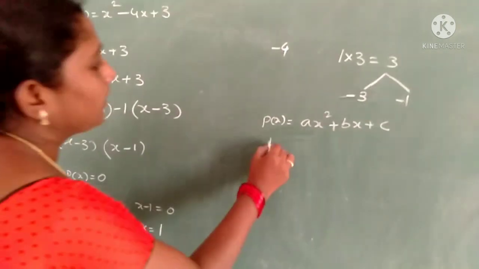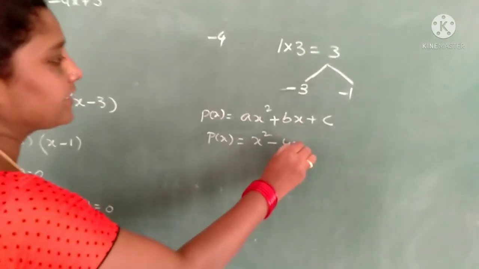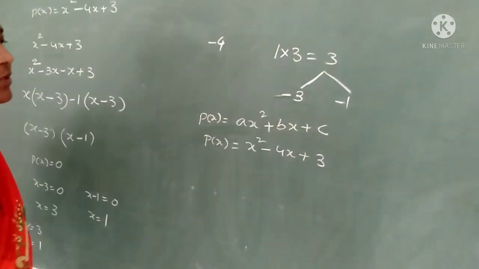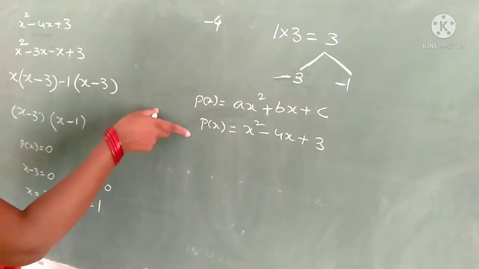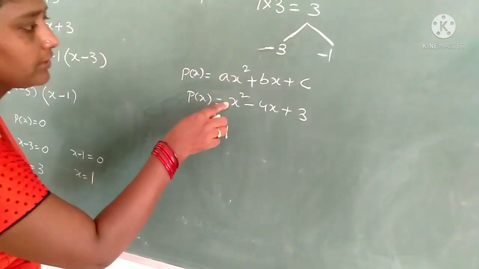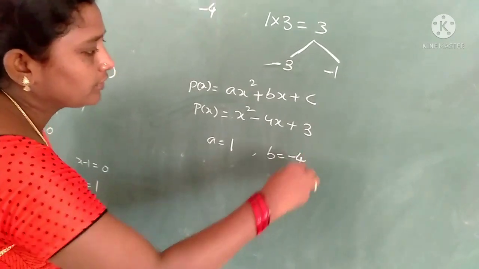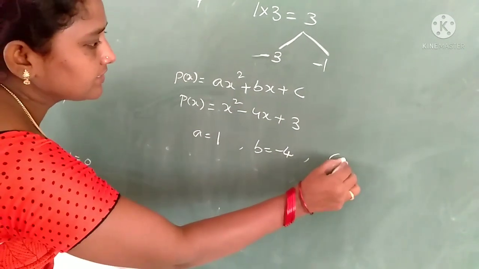Given problem is p of x equal to x square minus 4x plus 3. So, we compare these two quadratic polynomials. a value is 1 and b value is minus 4. Next, c value is 3.